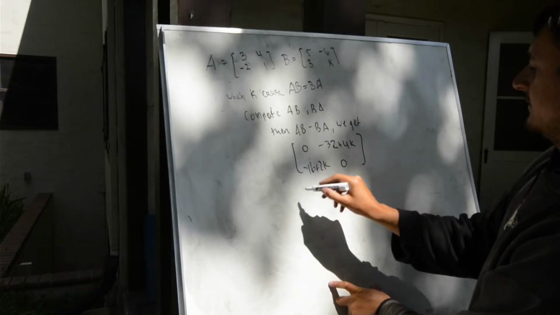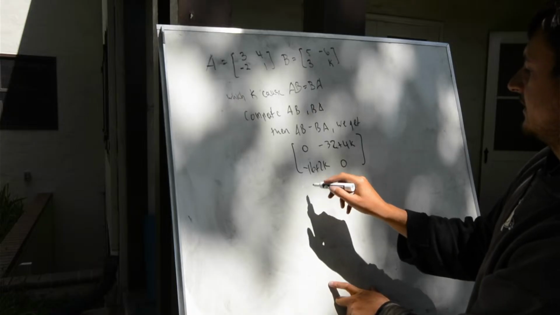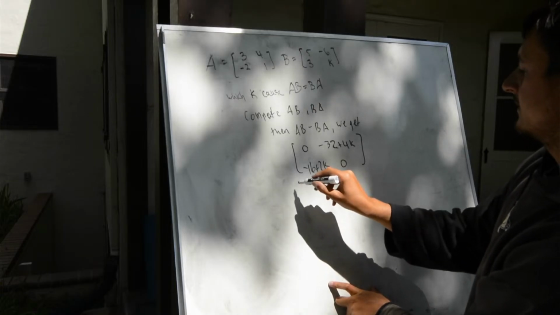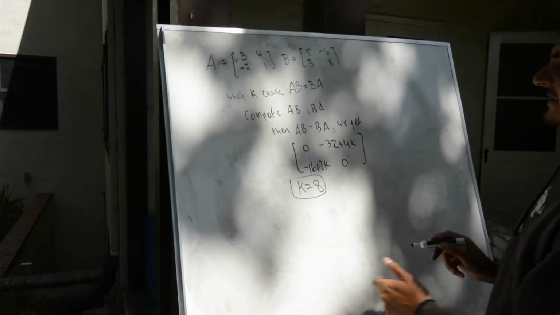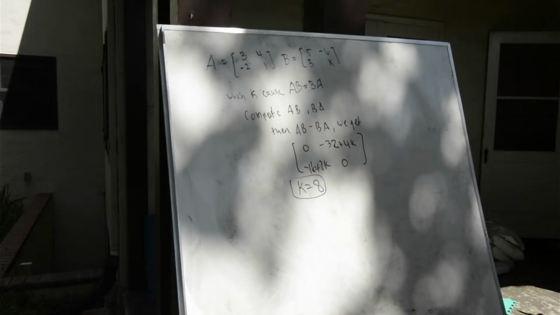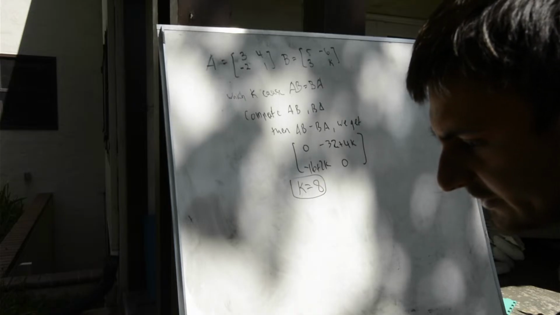So we find just by solving this that K equals 8. So that's the value that causes AB to equal BA.